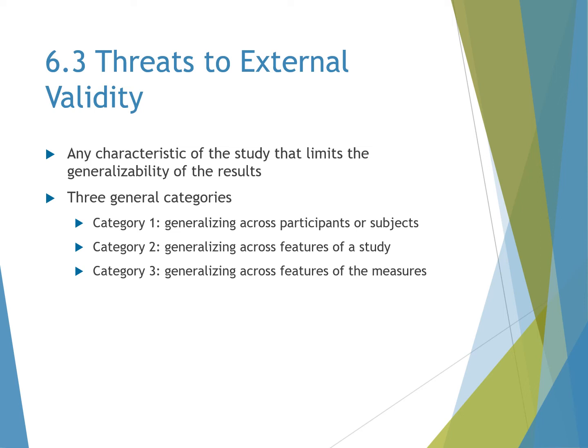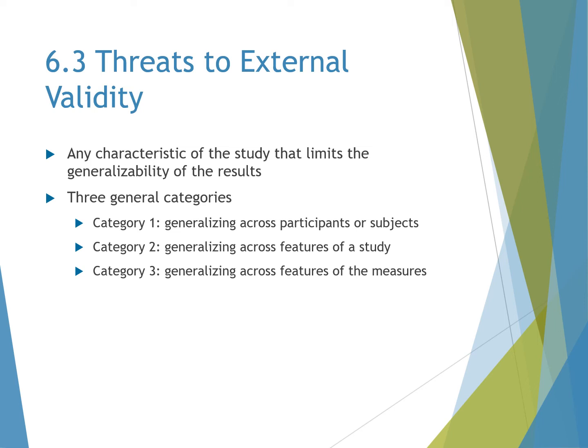And all his work was done on adolescent males. And so people have questioned whether his findings actually have external validity and do they generalize to adolescent females and other groups. So if your study doesn't necessarily generalize to other groups, then it has limited external validity.